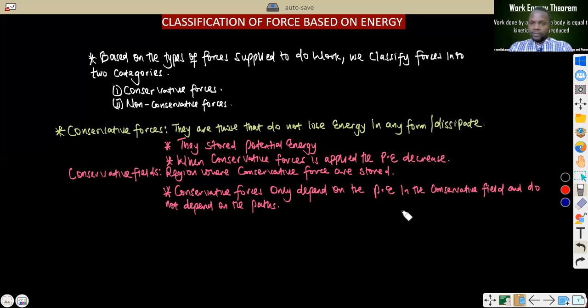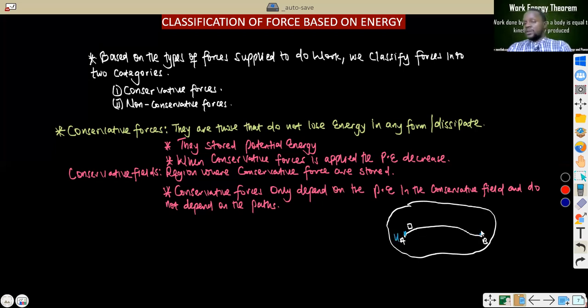Let's say we have a region which we call a region of conservative field, and we have two points inside the conservative field, point A and point B. Maybe we have a particular material or object placed in the conservative field that is moving from point A to point B. At point A, the potential energy is UA, and the potential energy at point B is UB.